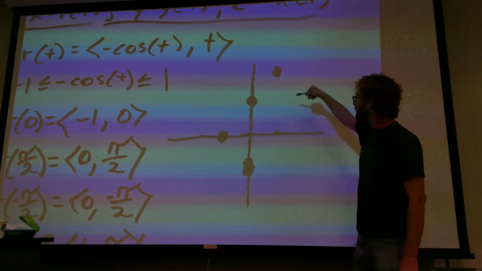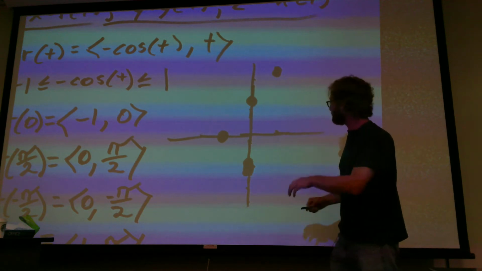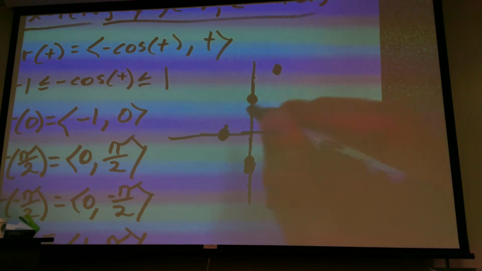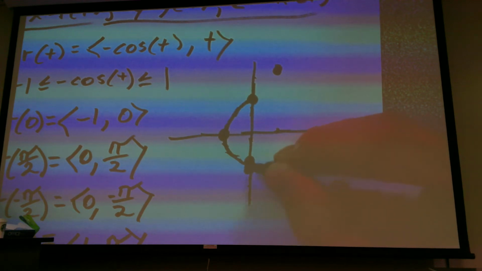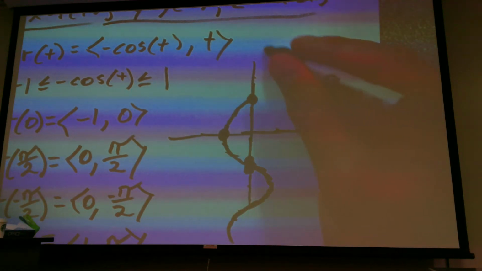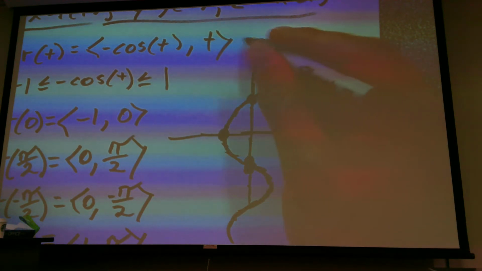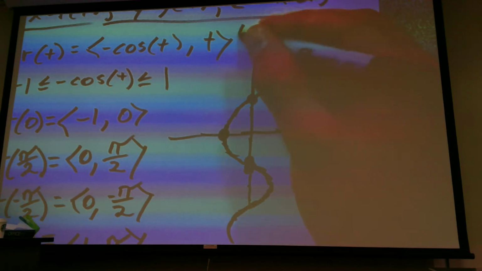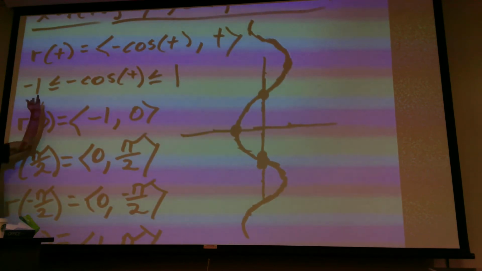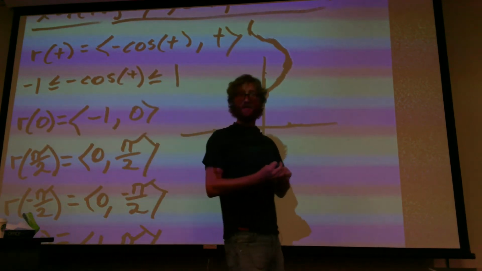So if I think about what is the type of shape of this graph that I'm dealing with right here, okay, so this is going to have to correspond to the cosine wave, but inverted because it's negative cosine of t. Okay. And it's going to have to pass through that point right there. And remember, at the beginning of this one, I said cosine is always going to be bounded between -1 and 1.